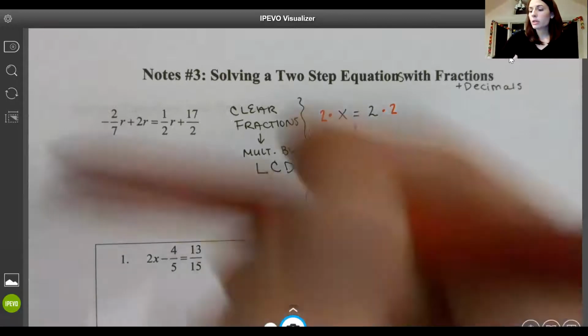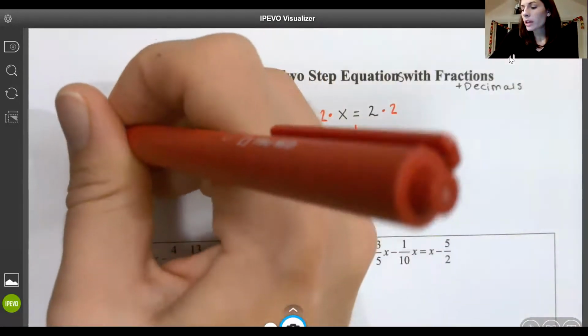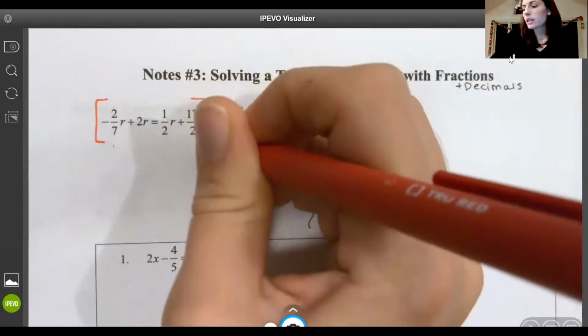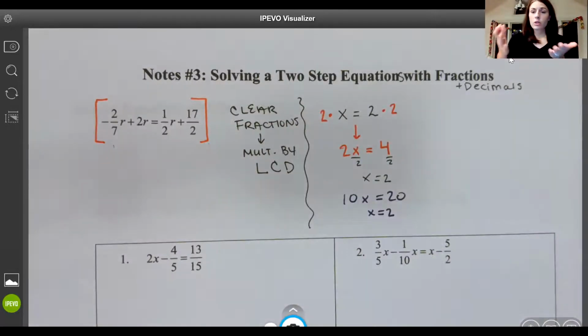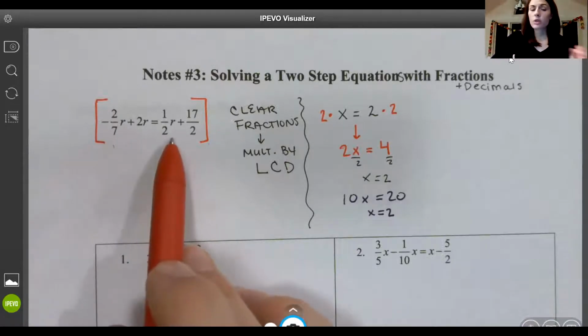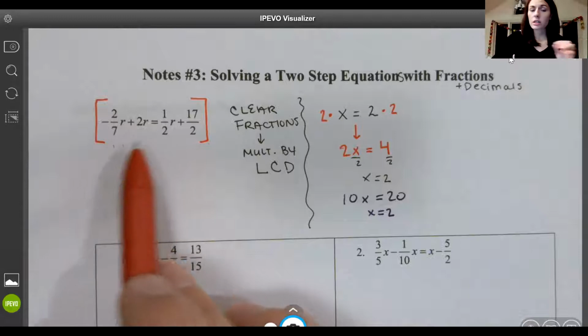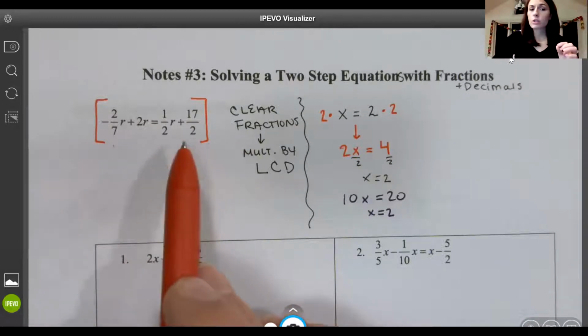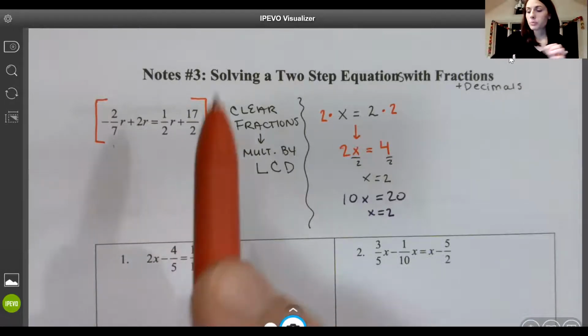So on our example here, the way that I like to write this is I put the entire thing, both sides of the equation, the whole shebang, in brackets. And I'm going to multiply everything here by the LCD, which in this case would be 14. If I were to take 7 and 2 and get a common denominator, the least common denominator between 7 and 2 would be 14.